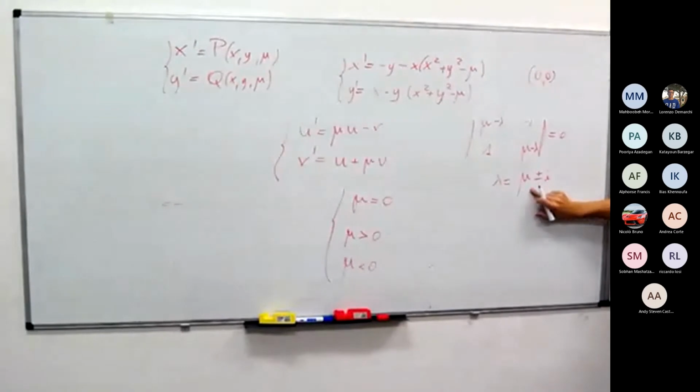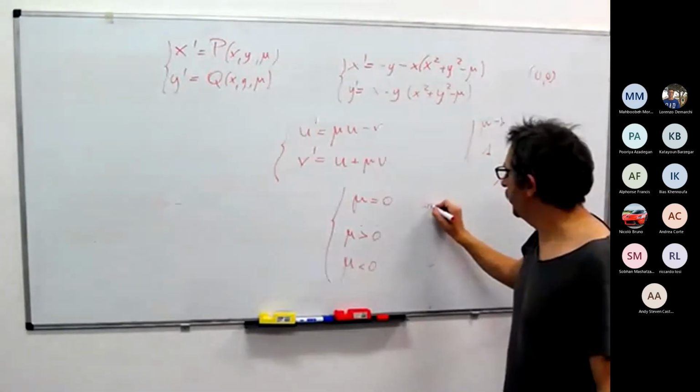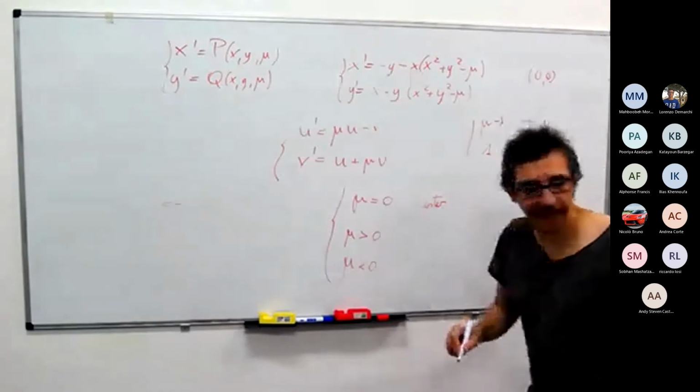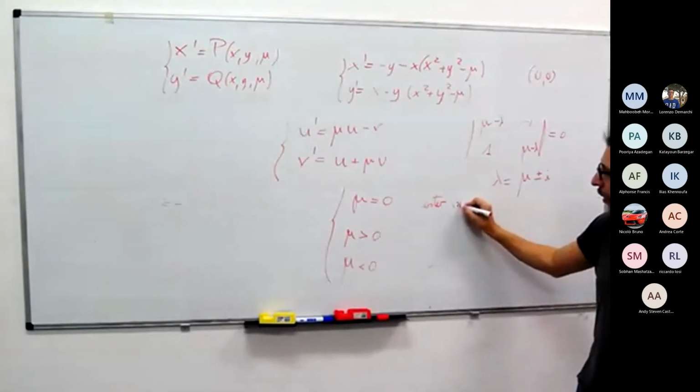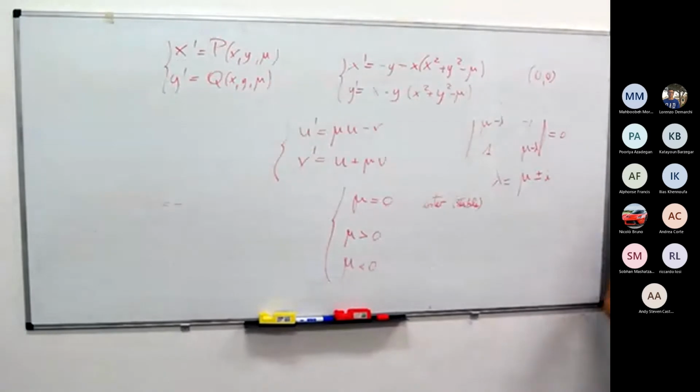If mu is equal to 0, then lambda is equal to plus minus i, which means that I have two purely imaginary eigenvalues. So the point is surely a center, which is a stable critical point.